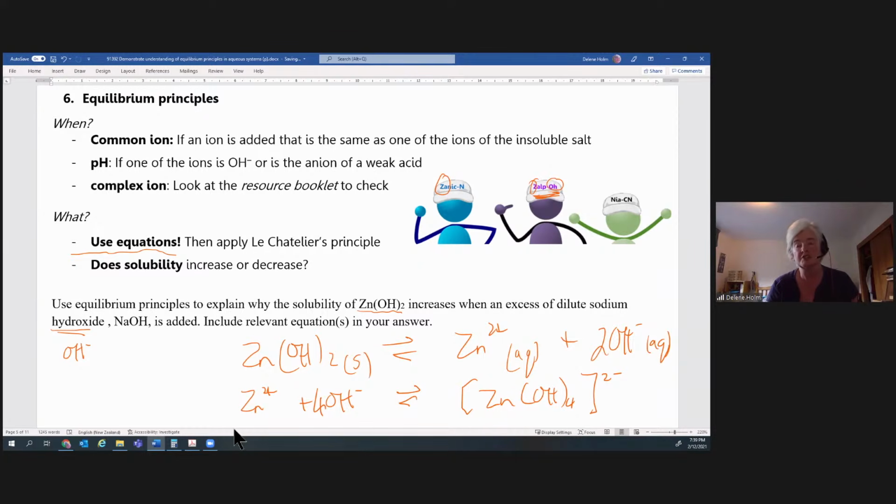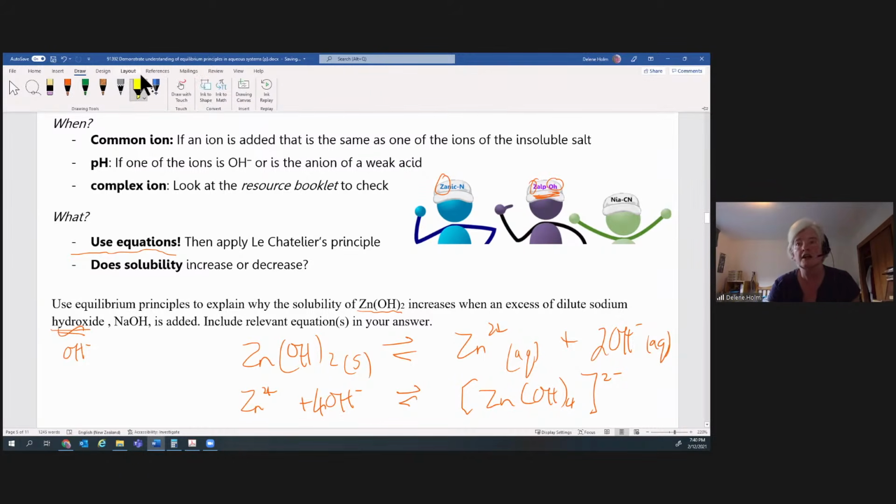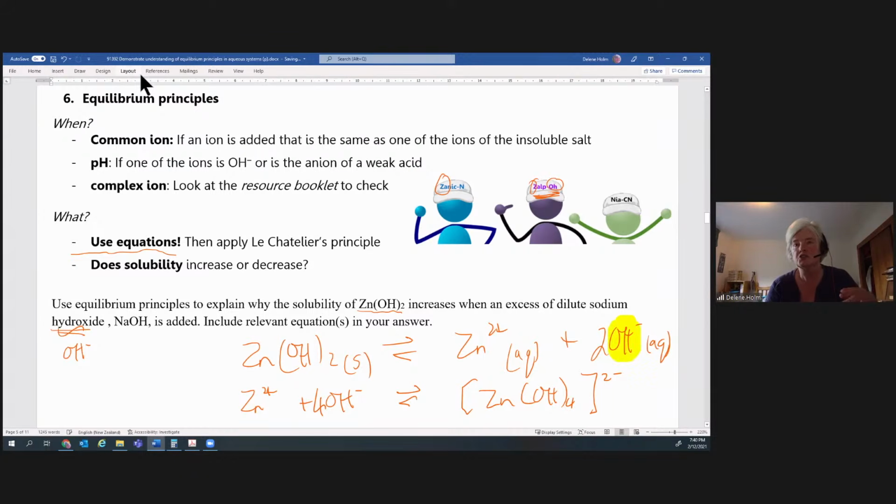Now, with those equations in front of you, it's very easy to say what's happening, because if I add more sodium hydroxide, I am increasing the hydroxide. So by Le Chatelier's principle, if you put a stress into the system by adding the OH, the system will change to relieve that stress.